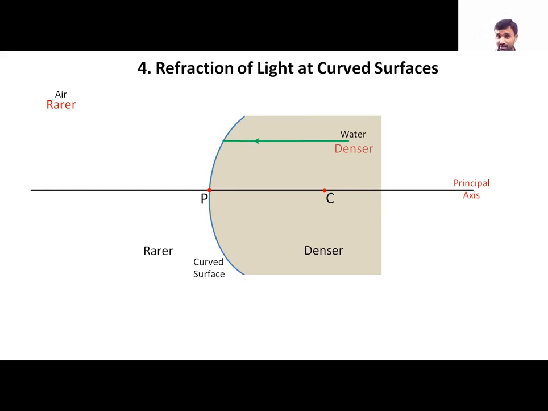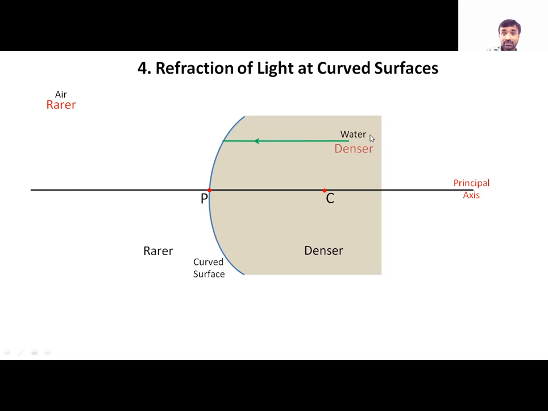So here, in which medium is it? The light ray is parallel to the principal axis. In which medium? Rarer or denser? In the medium called denser, water. Then it is propagating from denser to rarer.